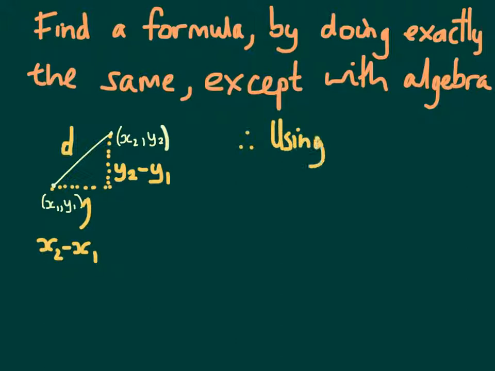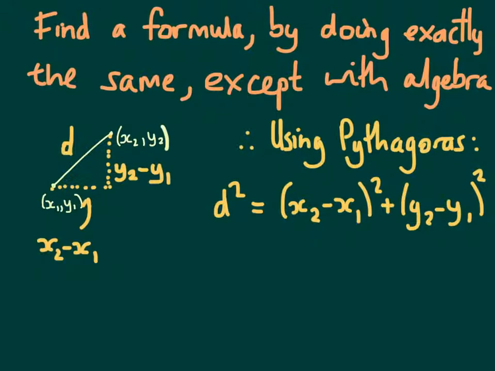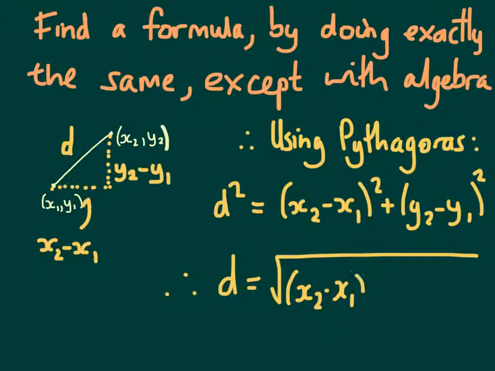Therefore, using Pythagoras, we can get an expression linking those three sides together. We know that d squared is equal to the other two sides squared and added together: (x2 minus x1) squared plus (y2 minus y1) squared. So d is just the square root of all of that: the square root of (x2 minus x1) squared plus (y2 minus y1) squared.